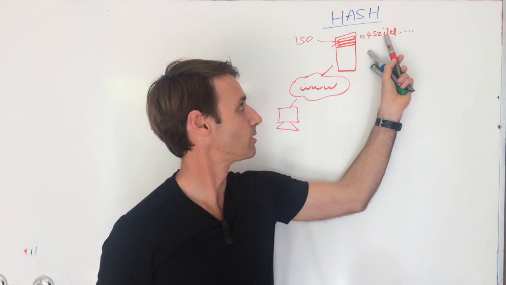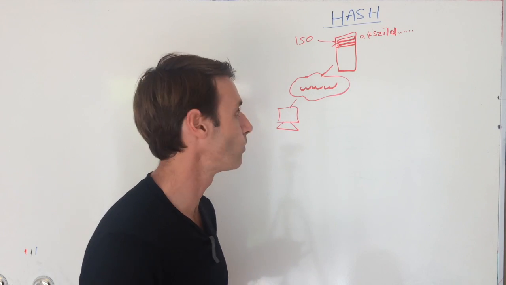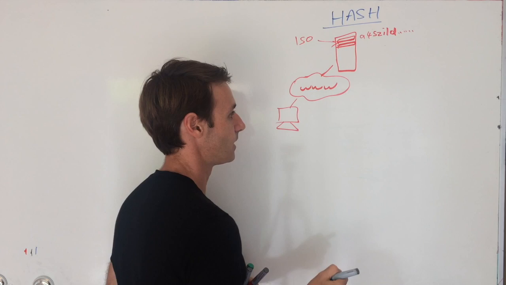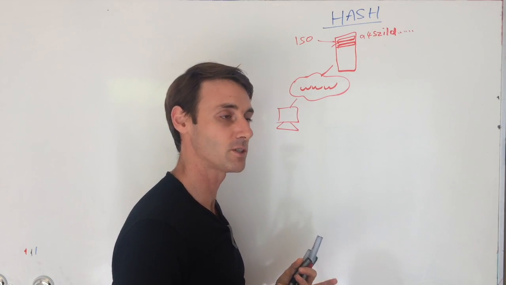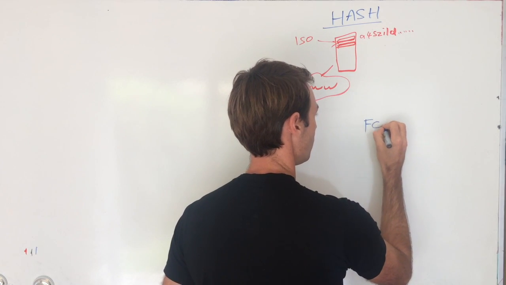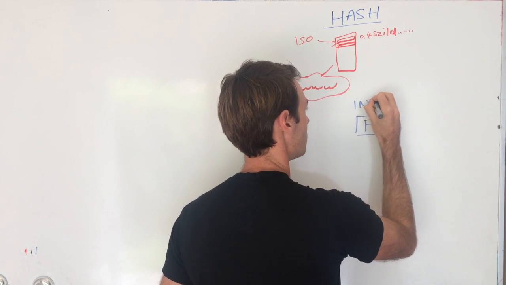So, how do they get that and why is it important? So, we need to understand what a hash function is. And a hash function is a cryptographic algorithm, which is another way of saying you take some input, let's say the word fox, that's your input.